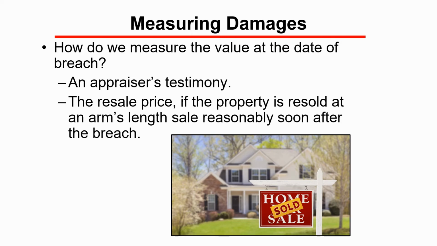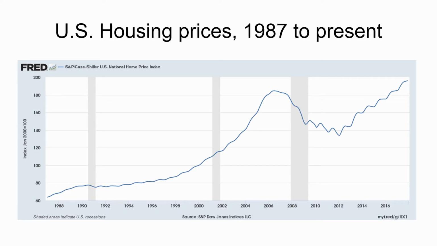We're going to do an example of the damages remedy, but before we do, it's useful to look at the path of U.S. housing prices going back to the 1980s and up to the present time. What we see is a gradual increase that went faster and faster through the early 2000s, and then beginning about the middle of 2007, we see a major price decline that bottomed out about 2012, and then generally a rising pattern thereafter.